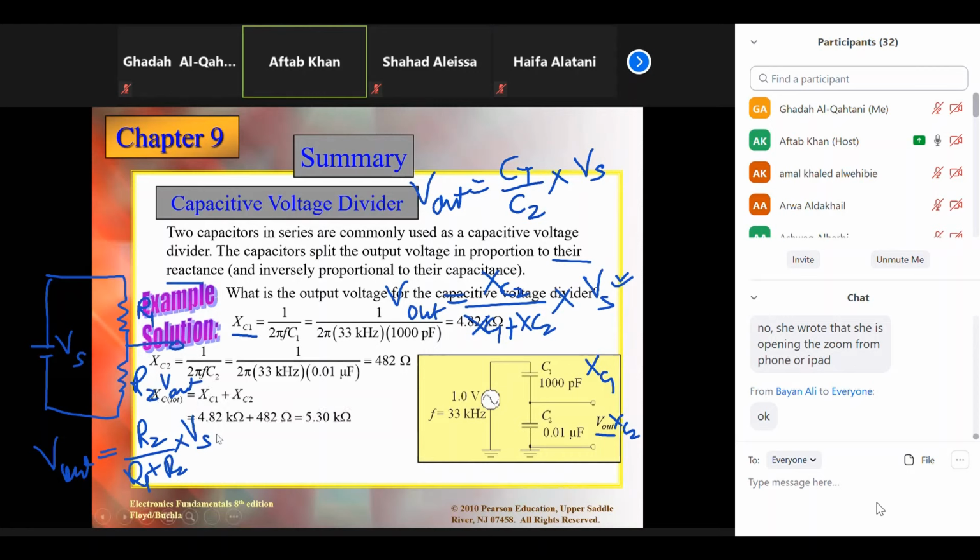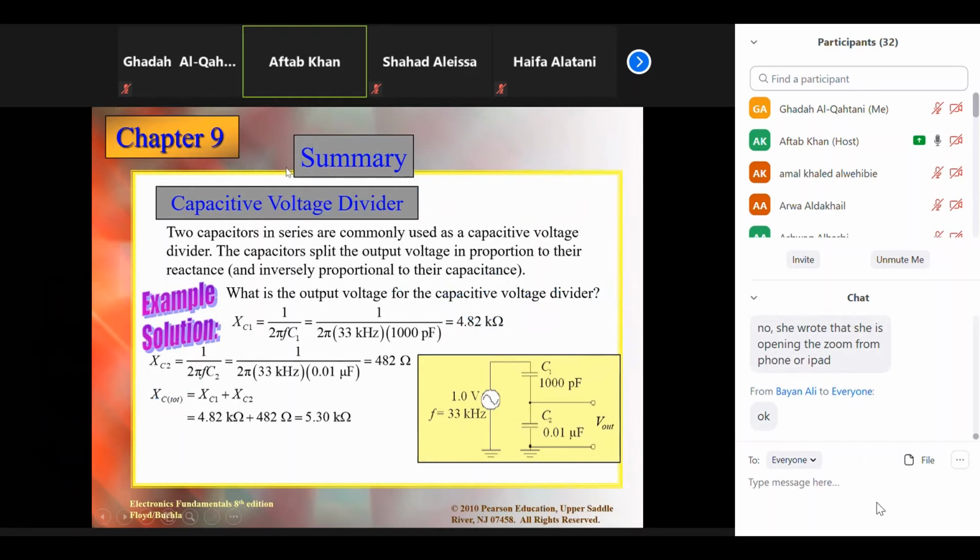We get XC total first, which is 5.30, and then finally we have this formula, similar to the resistive divider circuit formula: XC2 over XC total, which is 482 over 5.30, and we will be getting 91 millivolts. So this is 1 volt. Here Vout, we will be getting 91 millivolt or 0.019. Is it clear now? How to get this voltage here, by knowing the capacitive reactances. Okay, any question?